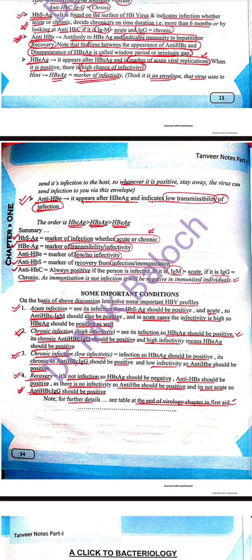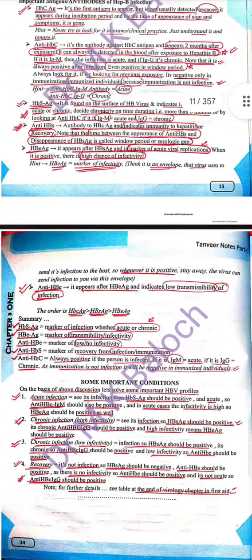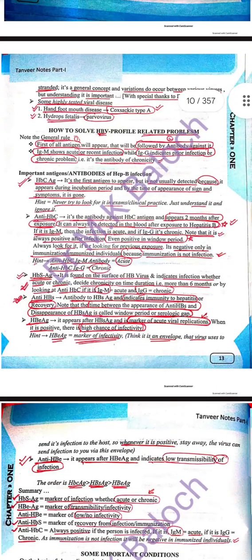The third and last antigen we discussed is HBe antigen. HBe antigen shows infectivity. How do you remember it? E is like an enveloped virus, and the envelope causes infectivity, or transmission of disease.